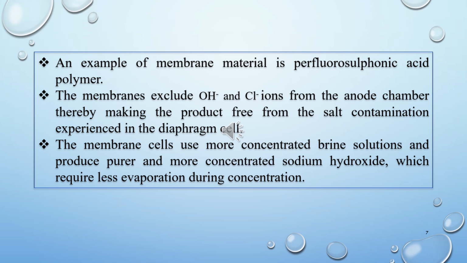In the diaphragm cell, we have said that it will work in dilute solution form, but the membrane cell will use concentrated solution and will form concentrated and purer product, which needs less evaporation as compared to the diaphragm cell, because in the diaphragm cell we have used dilute solution, which produces impure product and needs more evaporation to get concentrated product.